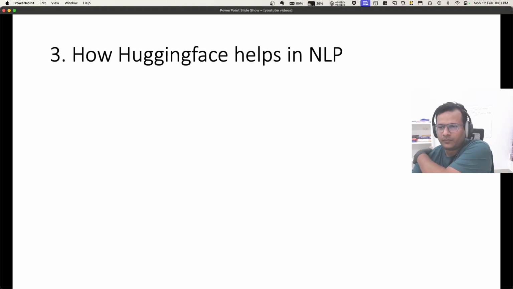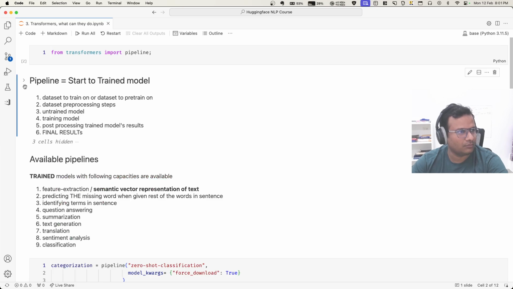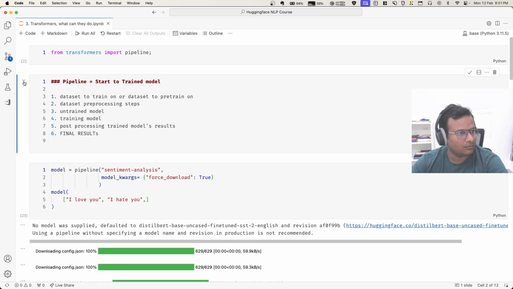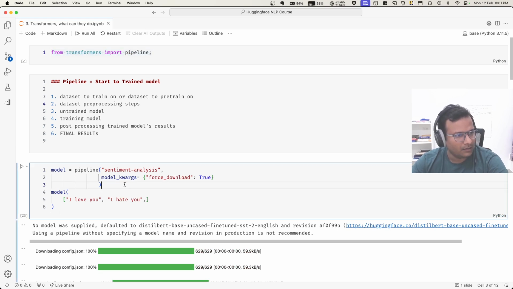It allows us to do a very complicated thing in just one, two, three lines of code. So how does it look? I'm just going to show you one line of code from the next lecture, which is going to come. Import pipeline, build a model, and simply say whatever sentences I want to do sentiment analysis on.